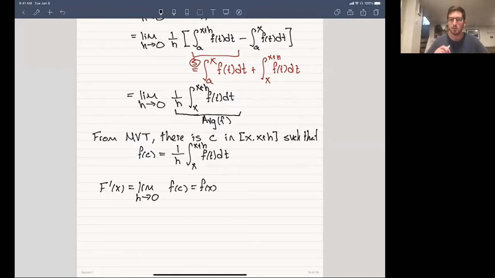So this gives us exactly what we said in the statement of the theorem. It says that if you take the derivative of capital F, then it is equal to little f. And since this holds at every single point x in between a and b, that gives us differentiability everywhere in that interval, and then continuity just follows from the fact that the original function was continuous.